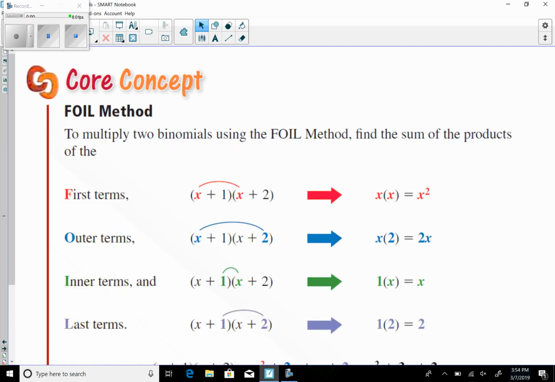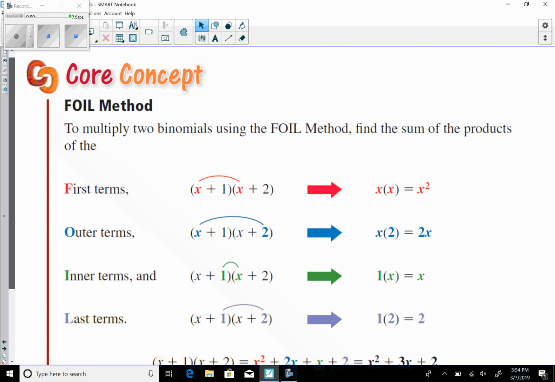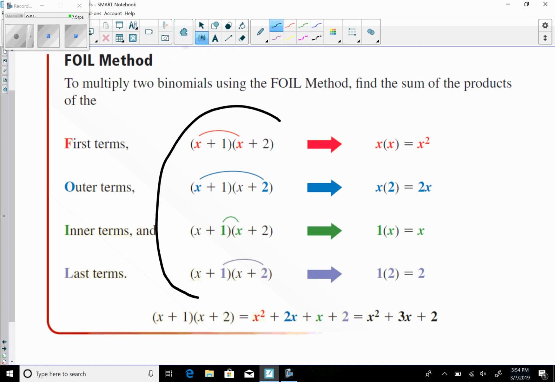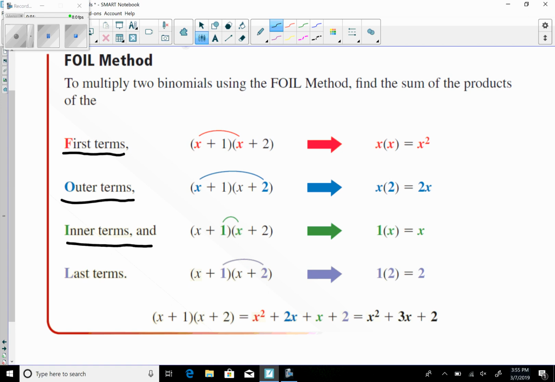All right, so here's our first core concept. We're going to learn about the FOIL method. I basically have this stuff right here on your notes, so you're definitely going to want to get the rest of this written down. FOIL stands for first terms, outer terms, inner terms, and last terms.